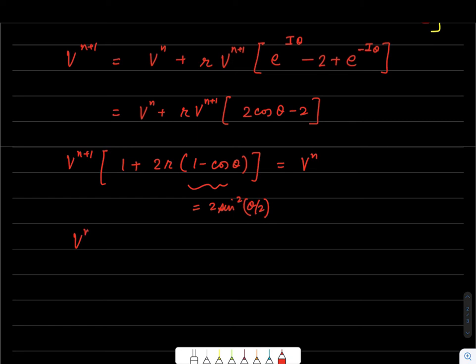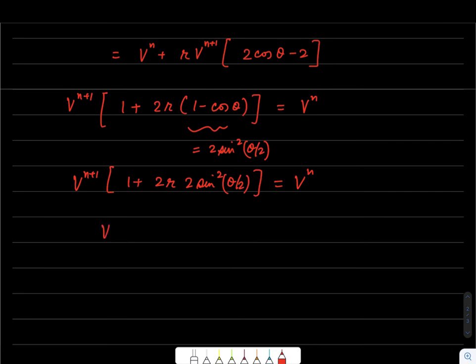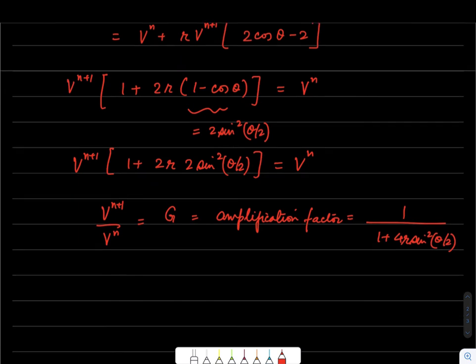So V n plus 1 times (1 plus 2r into 2 sine square theta by 2) equals V n, which means V n plus 1 by V n, which I wrote as the amplification factor G, is equal to 1 by (1 plus 4r sine square theta by 2).